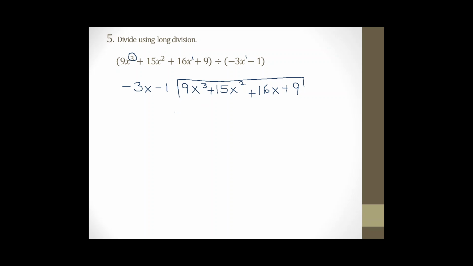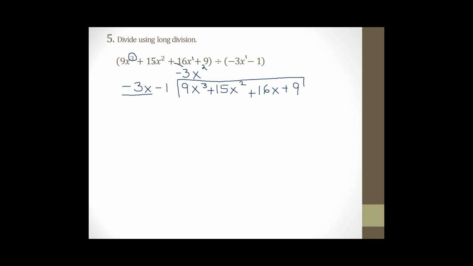Having it set up, we're going to start by asking ourselves, how many times does the negative 3x go into 9x cubed? Or by what number do I have to multiply the negative 3x to get 9x cubed? I would have to multiply it by negative 3 to get the 9, and then x squared to get x cubed.